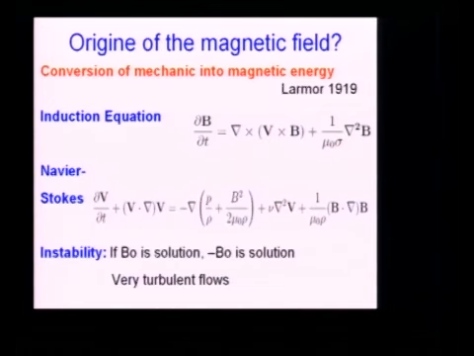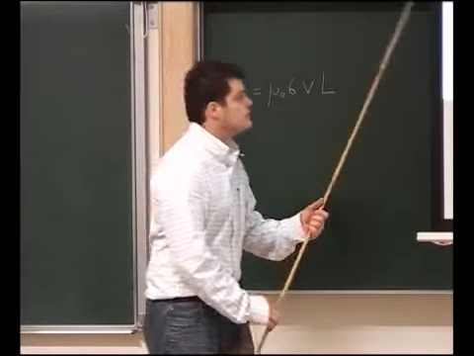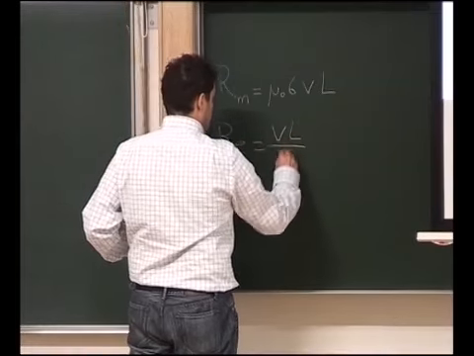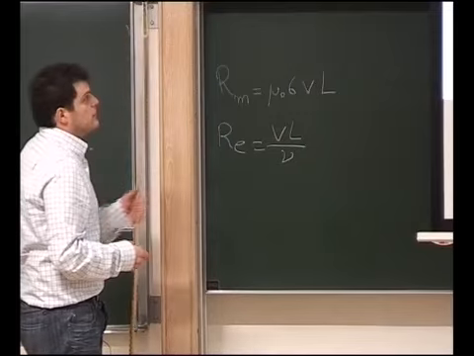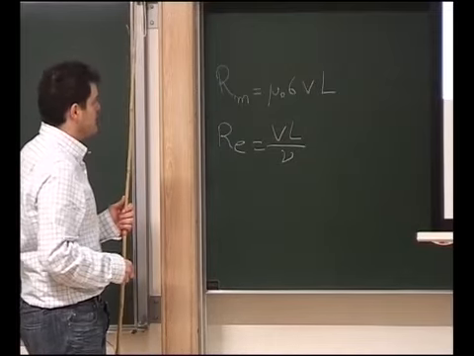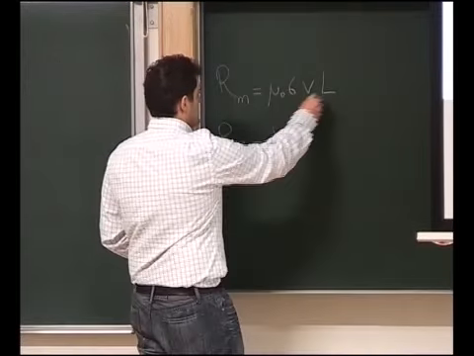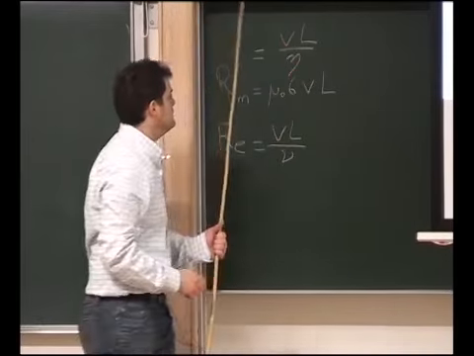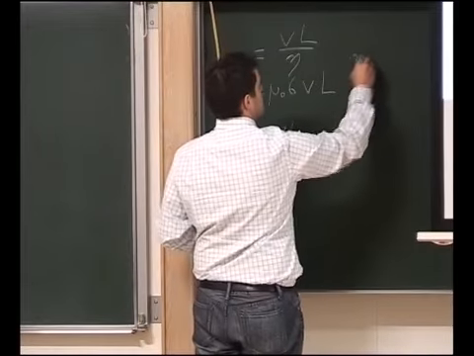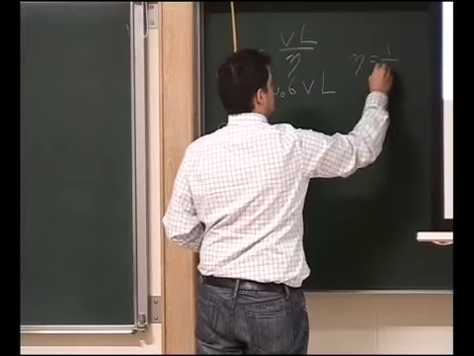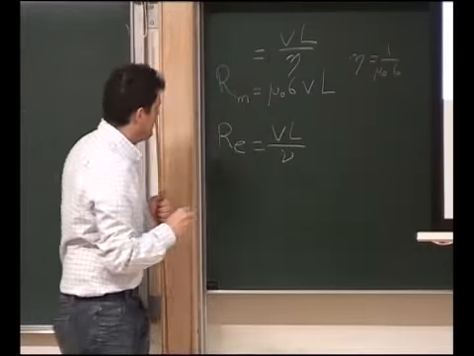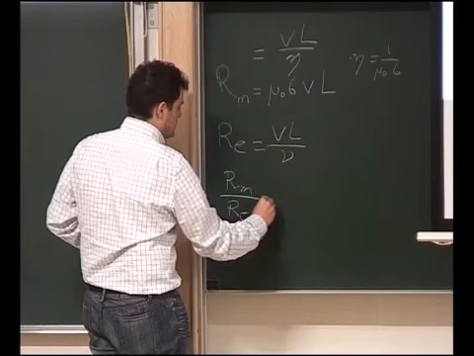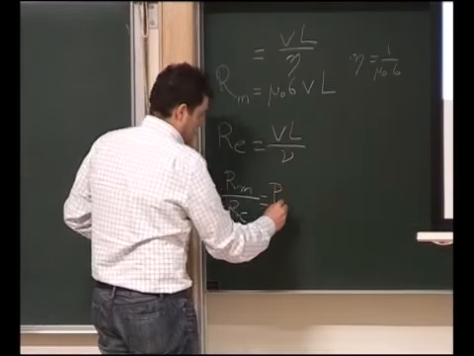Another thing of interest is that for all the systems we're going to be considering, the flow will be very, very turbulent. So if you want to give some dimensionless number for the second equation, you introduce the kinetic Reynolds number, VL over nu. And something important for fluids that conduct electricity is that the magnetic Reynolds number I will rewrite as VL over some diffusivity, where the diffusivity is 1 over mu 0 sigma.